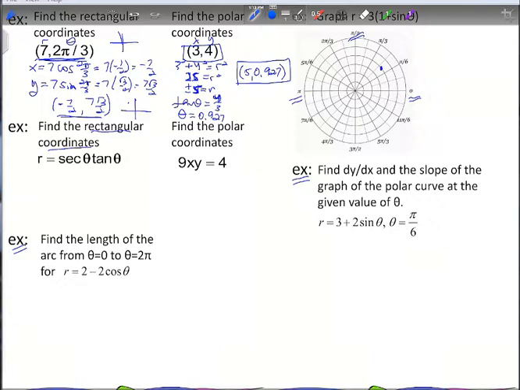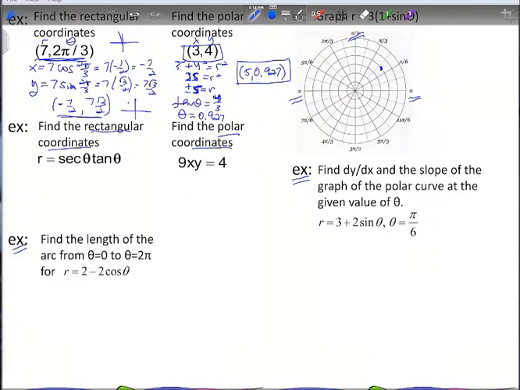See how they said over here, polar coordinates? Same kind of thing. We just need to find this particular equation in rectangular or polar form depending on what they're asking for. So let's do that. From polar to rectangular, I think can be a little bit more challenging. So keep in mind we need that x equals r cosine, y equals r sine. We really need cosine and sine here, and I have secant and tangent.